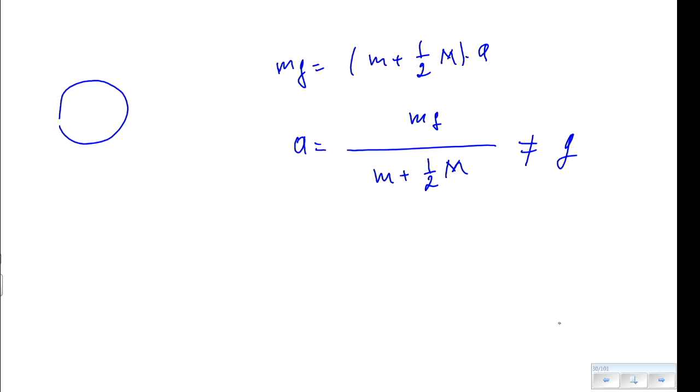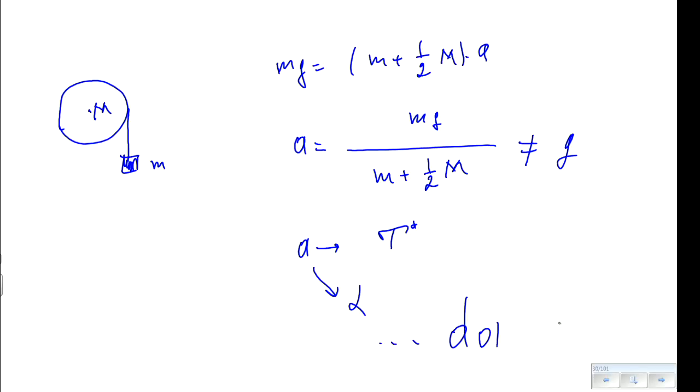So big M is the mass of this cylinder or disc, and little m is the mass of this weight. And as long as little m is not zero, the acceleration is not zero. So this might be a very, very heavy disk, and this might be a very, very light mass. The acceleration is still not going to be equal to zero. And if you know acceleration, you can use it to calculate tension. You can use it to calculate angular acceleration. Done.